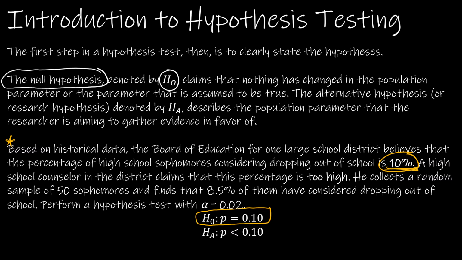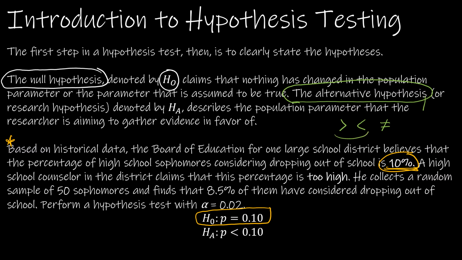Then there is an alternative hypothesis, and the alternative hypothesis has everything to do with the context of the question. There are three choices for the alternative. We say that it's greater than, or less than, or not equal to. Those are our three choices.